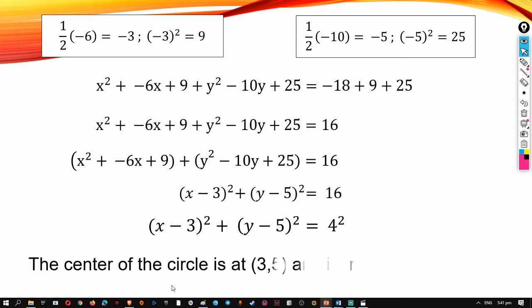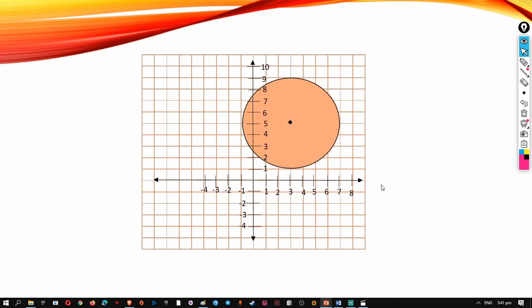So, the center of the circle is at 3, 5, and the radius is 4. So, di ba yun ang tinatanong? Ano daw yung center at ano yung radius. Okay? So, ito yung illustration niya. Which is tama naman. The center is at 3, 5, and the radius is 4.